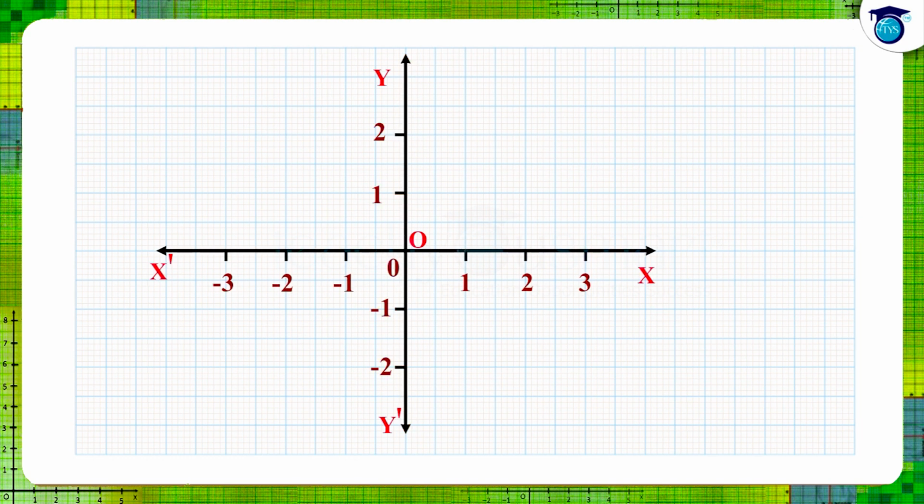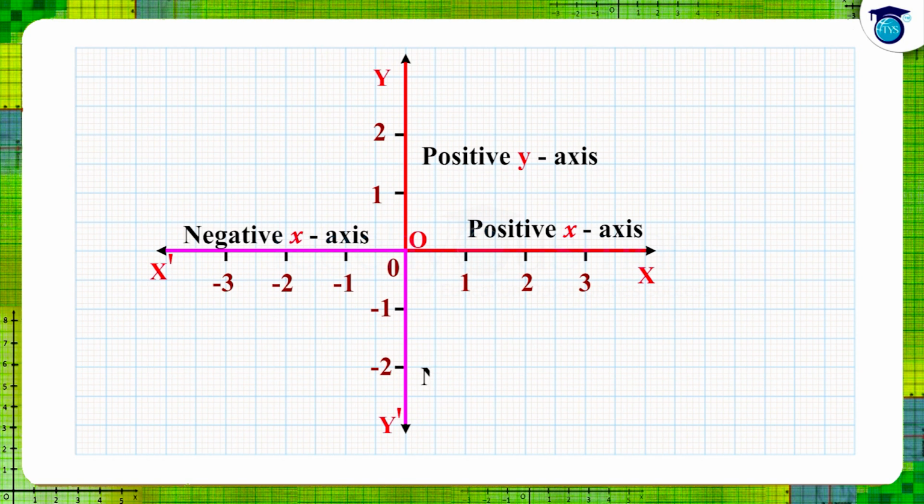Since positive numbers lie in the direction OX and OY, OX and OY are called the positive direction of the x-axis and y-axis respectively. Similarly, OX dash and OY dash are called the negative direction of the x-axis and y-axis, respectively.